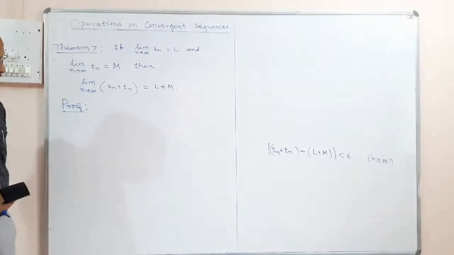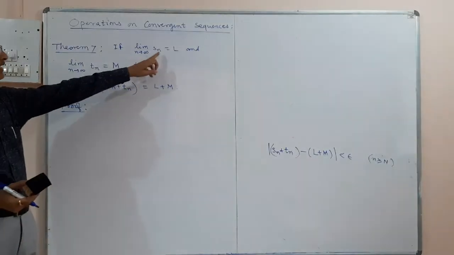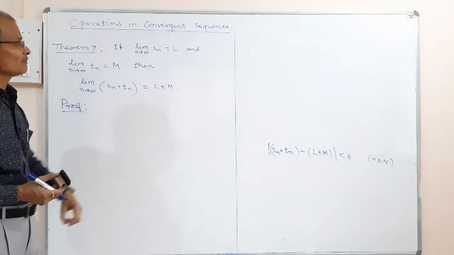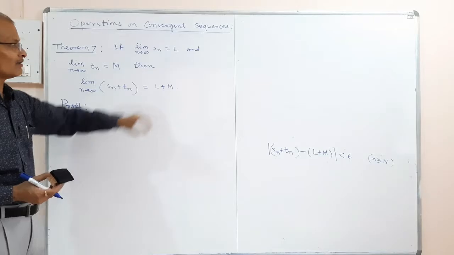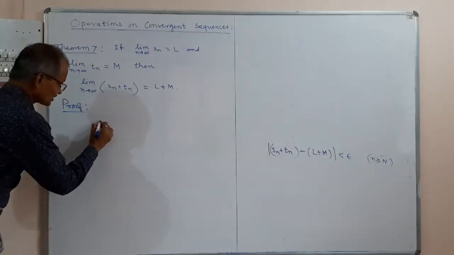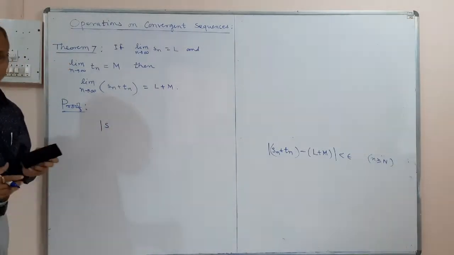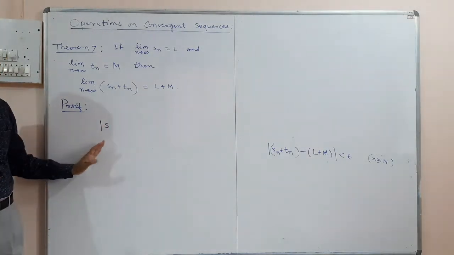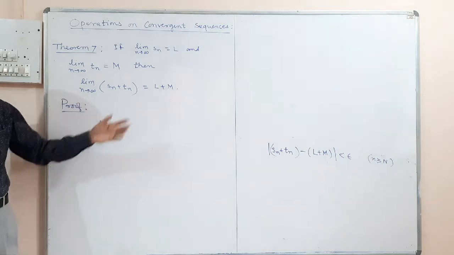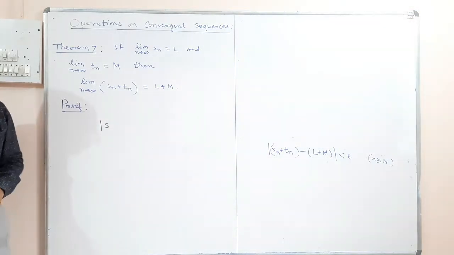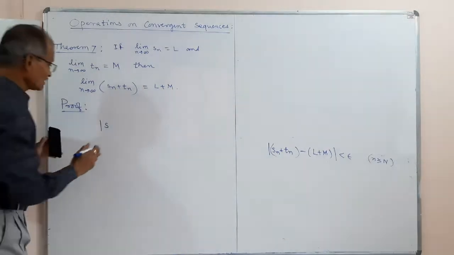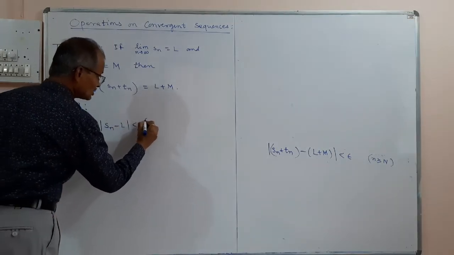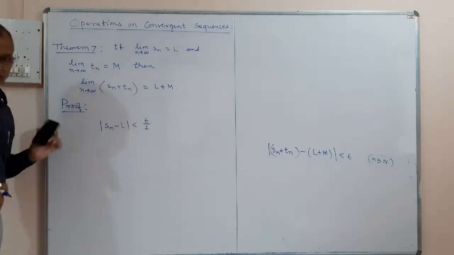Again, we are given that the limit of Sn is equal to L. So apply the definition for this limit. I shall not write the proof in detail, but I will explain the important steps, and you may write the entire proof from the notes. So there exists n1 such that the absolute value of Sn minus L is less than, instead of epsilon, epsilon by 2.